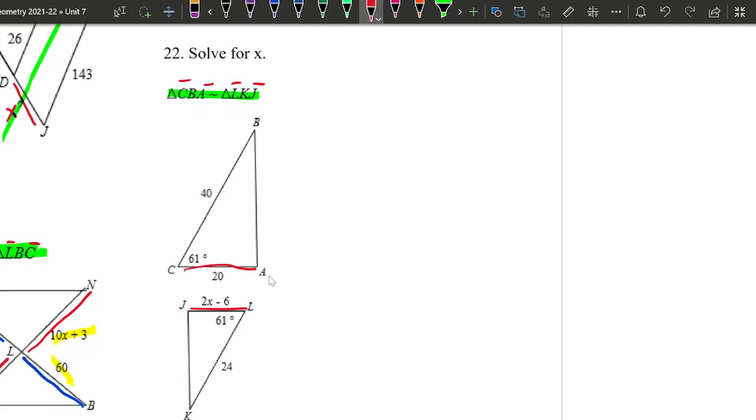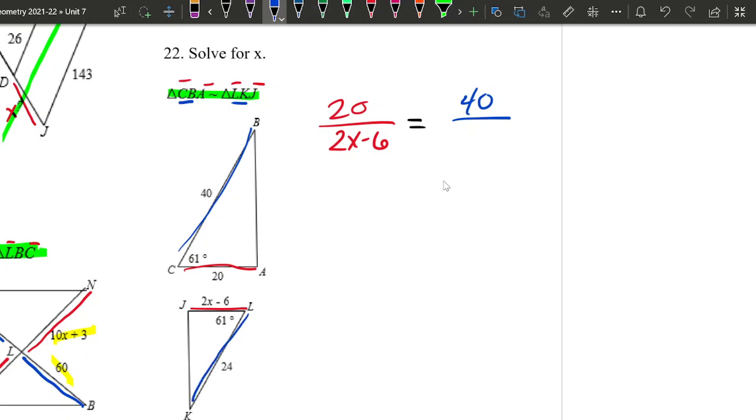So those two are going to go together. 20 over 2x minus 6. Since I know I'm going to put the reds together. And then, what else do I have? 40 is CB, the first two letters, or is it going to go with LK? Here's CB is 40. And LK is 24. And there's a proportion.